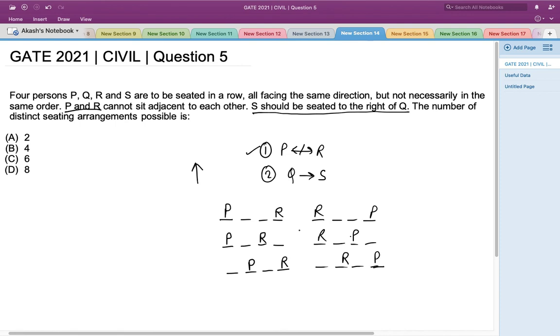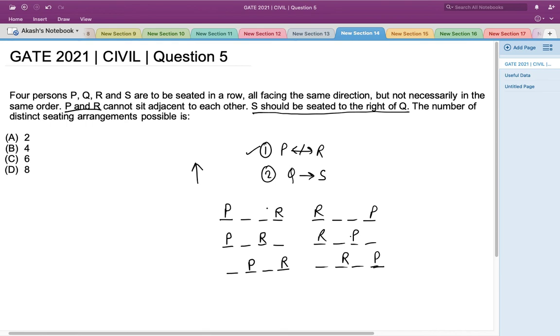Okay, so now I have all the arrangements, all the combinations in which P and R cannot sit adjacent to each other. So the first condition is fulfilled. Now the second condition says that S should be seated to the right of Q. So let's design that scene.